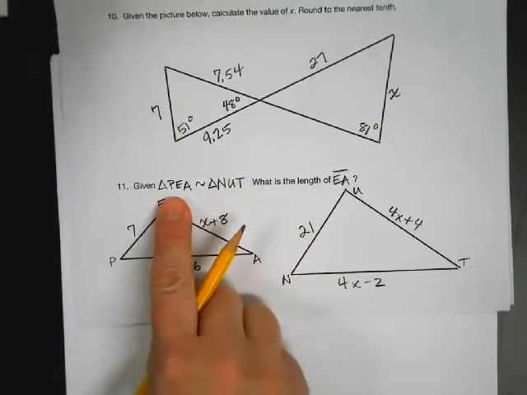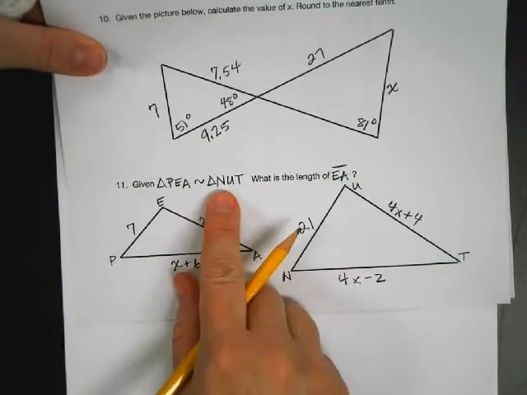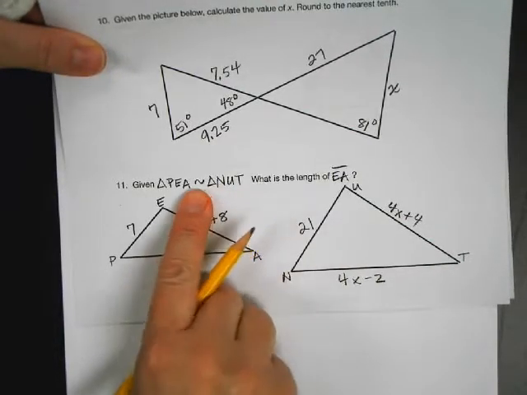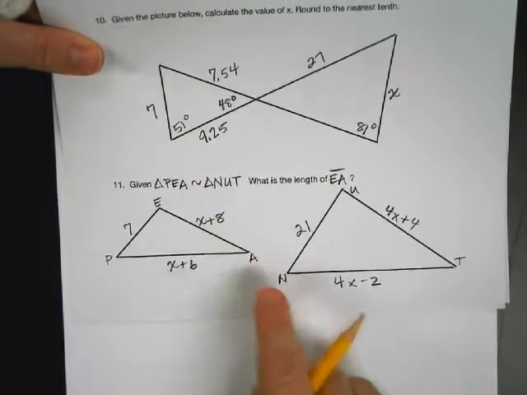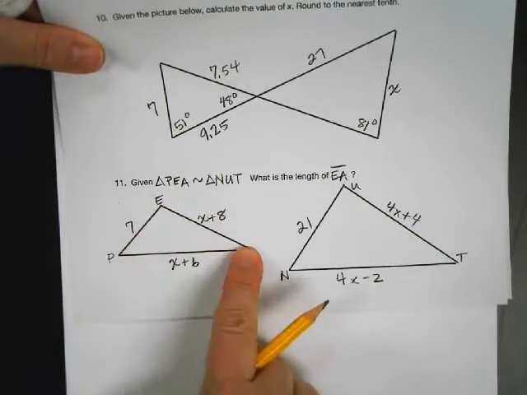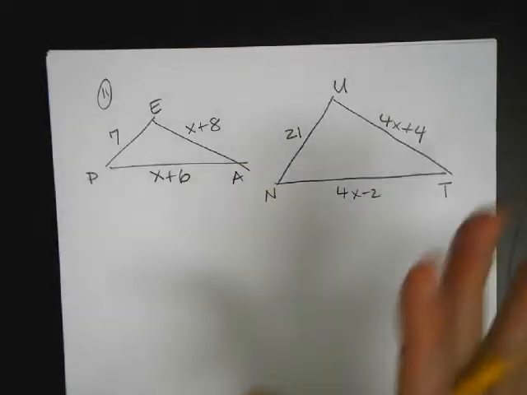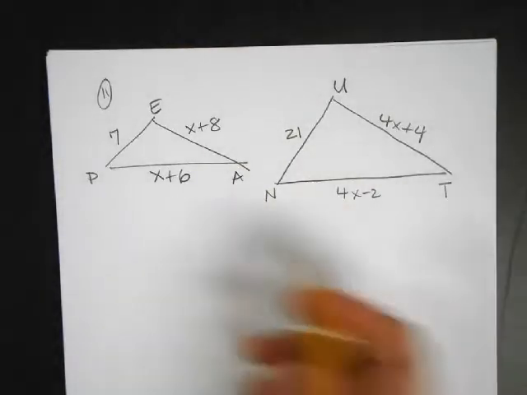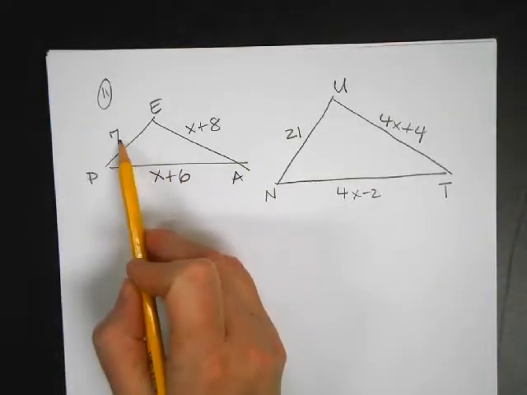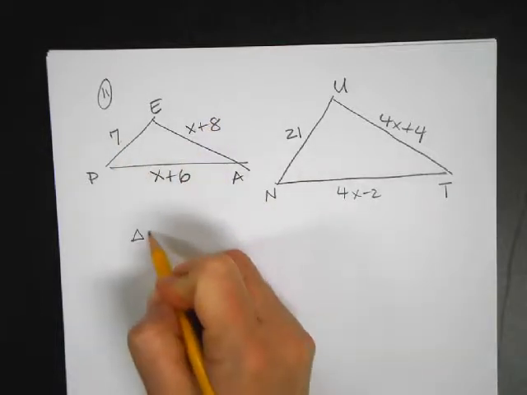Triangle PEA is similar to triangle NUT. That symbol means similar, and we're looking for the length of EA. So we don't know anything about the angles. We just know that the triangles, well, if they're similar, we know the angles are the same.